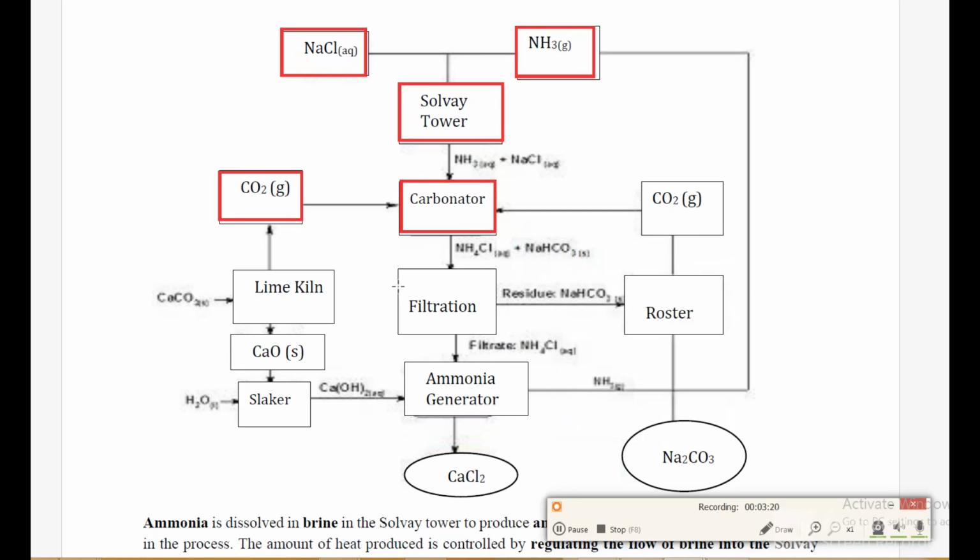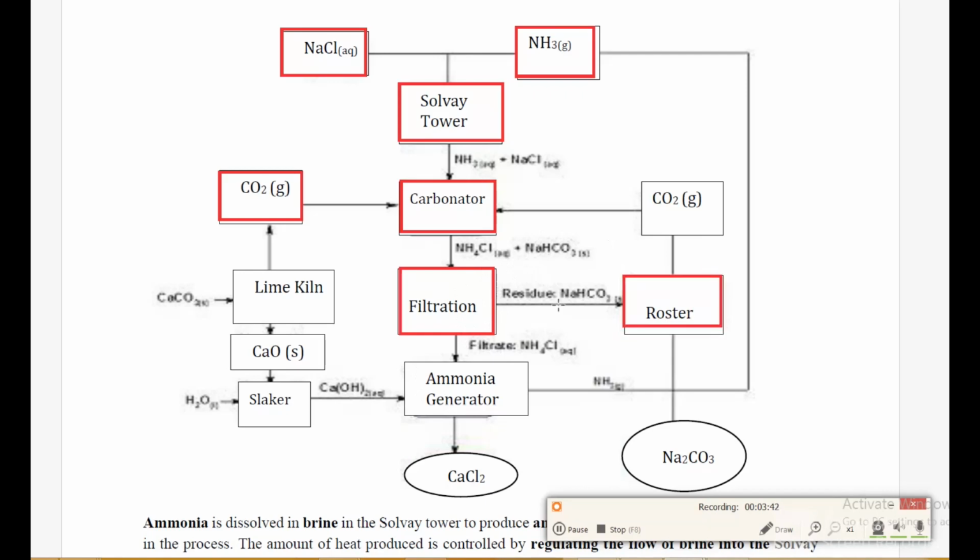It is taken now to filtration, kuchunga. Now ammonium chloride being a solution inapita kwa kichungi, inaenda kwa ammonia generator, and then the sodium hydrogen carbonate inabaki kama residue, because in filtration we will have the residue. The residue is taken to the roaster. Sawa?